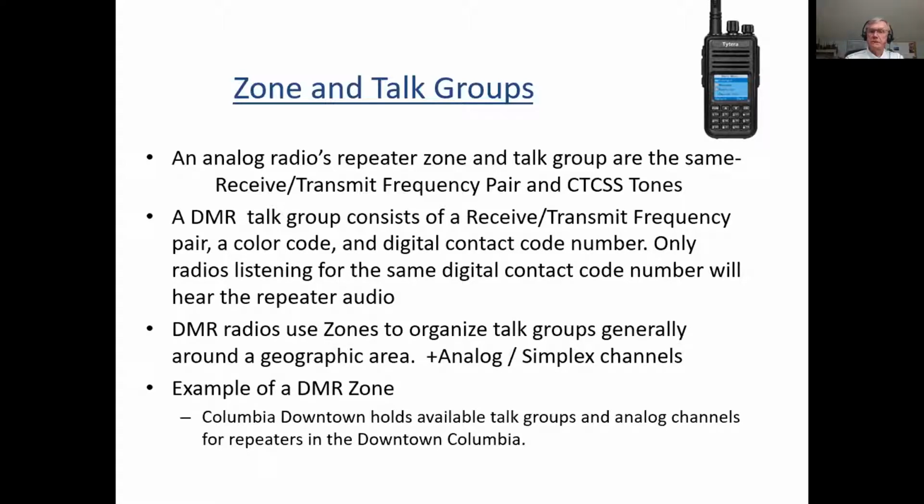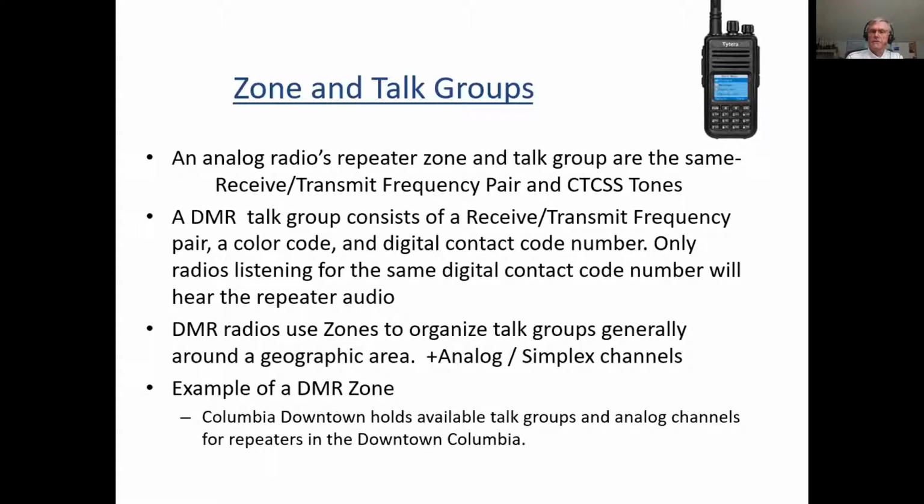DMR radios use zones to organize their talk groups. It's generally by a geographic area. And you can mix analog channels within the zone. I always like to think of it like a file cabinet, where I can put common files in there. So if I'm in the Columbia downtown zone, we have a repeater there, and we call it the Columbia Downtown Repeater.